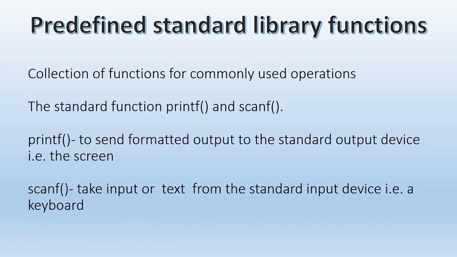The next thing is, functions are of two types: predefined standard functions and user-defined functions. Predefined standard library functions are basically a collection of functions for commonly used operations. C is a very compact language with no input-output facility.